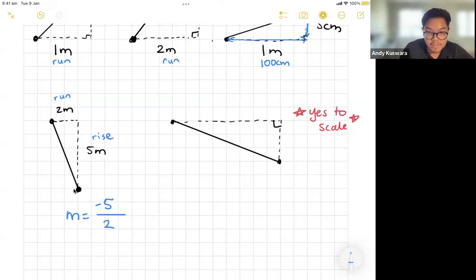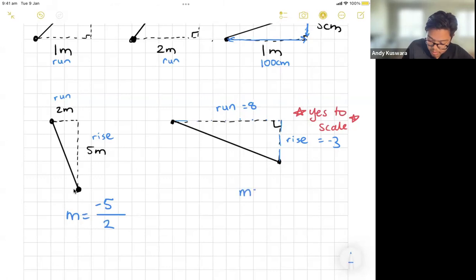We also have this other one here, and a lot of the time all you have to do is count. There's my run, and there's my rise. I've got 1, 2, 3, 4, 5, 6, 7, 8. My run is 8, and my rise is 1, 2, 3. Because I'm starting from a center point and going down, my rise is minus 3.